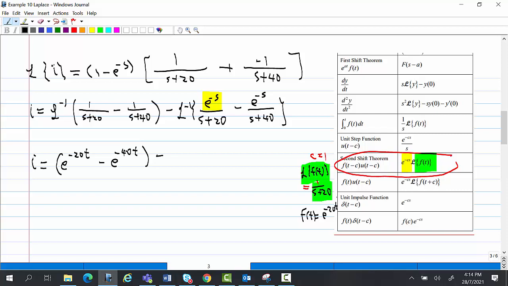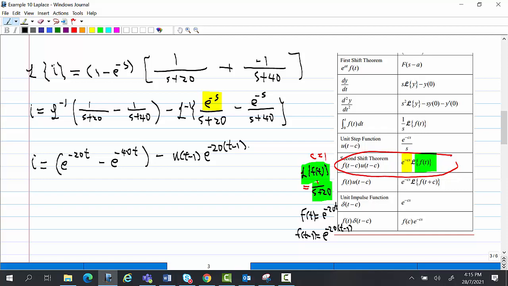So I should get the answer for the first one as u(t minus 1), since c is equal to 1 now, and then f(t minus 1), so f(t) is e power minus 20t here, so f(t minus 1) is e power minus 20(t minus 1) for the first term.